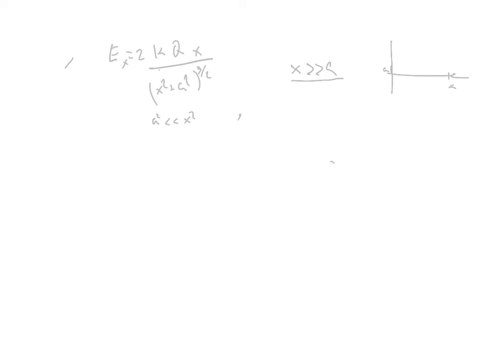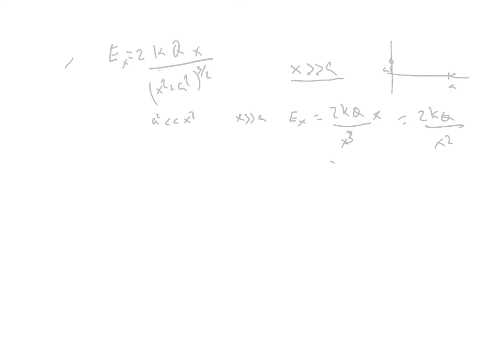So for x bigger than a, the equation will be Ex equal to kq divided by x squared to the 3.5, so x cubed. So it will be 2kq divided by x squared.